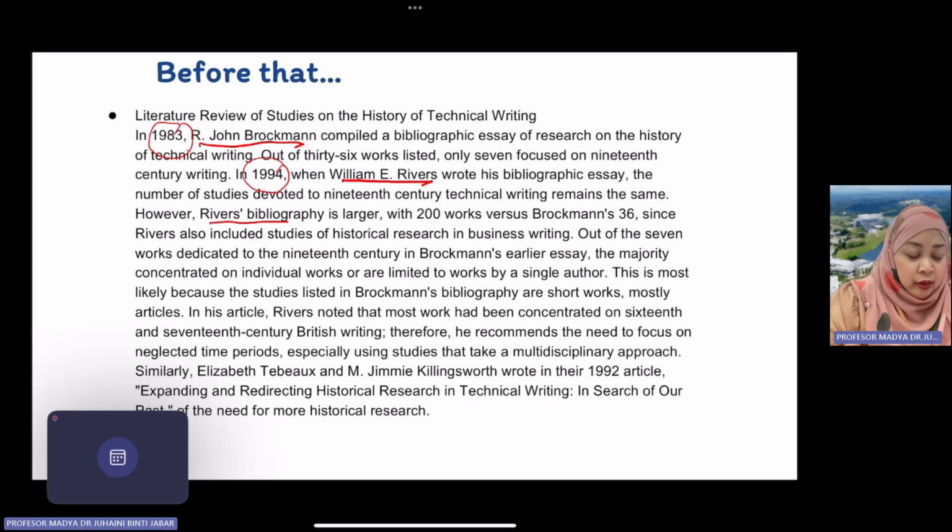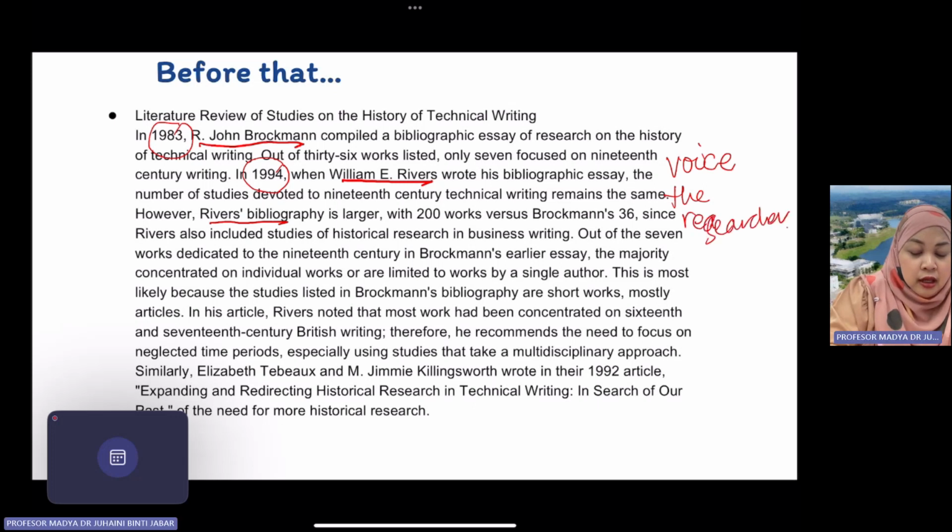So it can be improved by doing an analysis or evaluative approach, by putting in the voice of the researcher. The voice of the researcher is important here because we want to know how you interpret what you have read, not just what other people have done. That is the most important thing. And in terms of content, that is one of the problems.